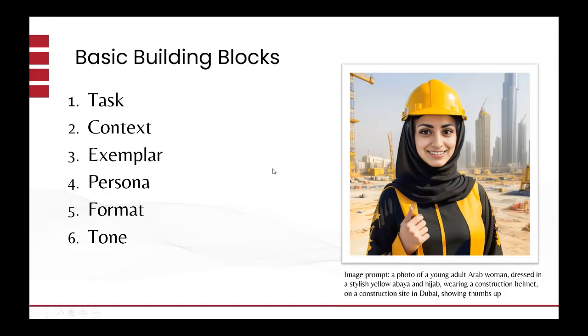And the fourth point, persona, as in act as a... it dictates the character or role the AI should adopt. For example, act as a teacher, or act as a student, or act as a doctor, or act as an expert. We can instruct the AI.